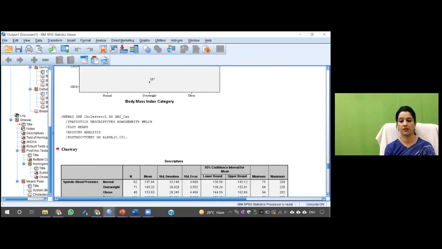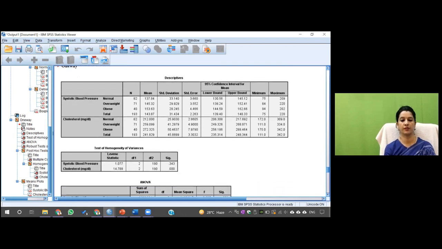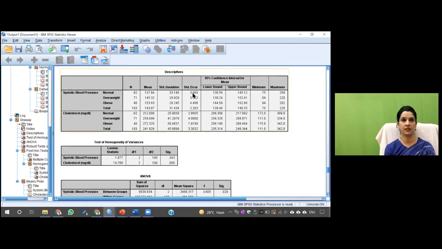Now coming to the result, the mean value. So if you see the mean value, you can see the mean difference. The means are 137, 145 and 153. So these are the three different means with standard deviation and the confidence interval.